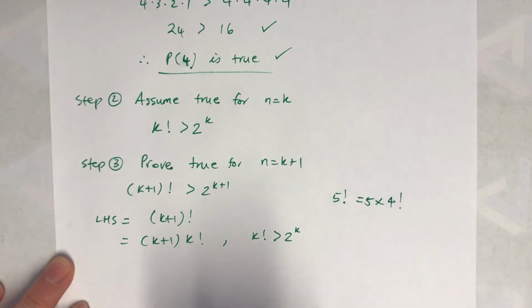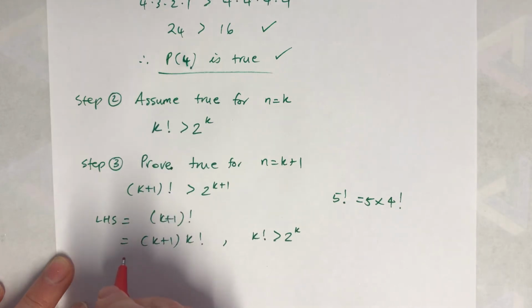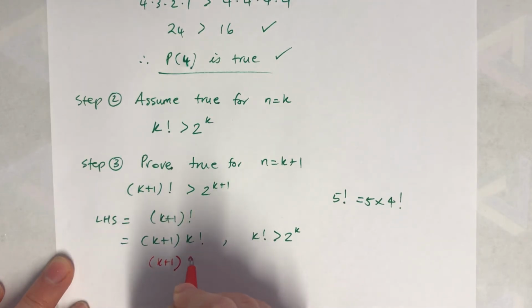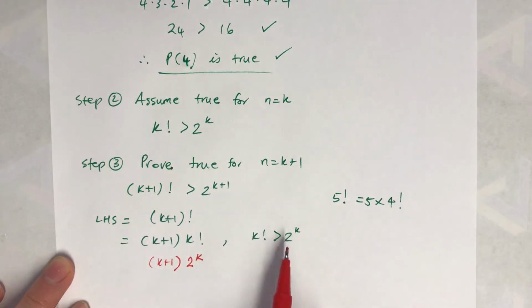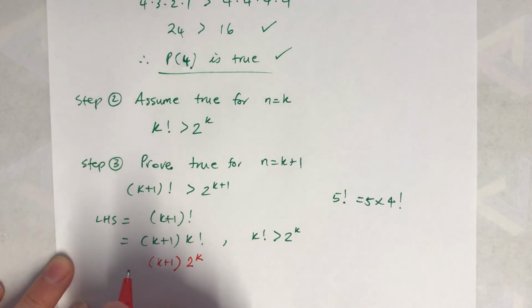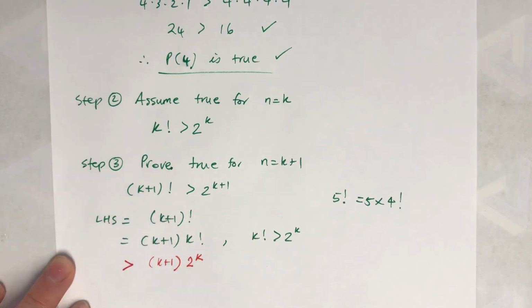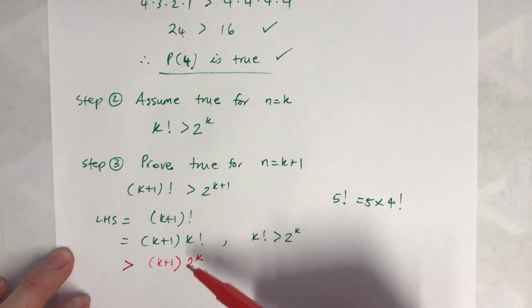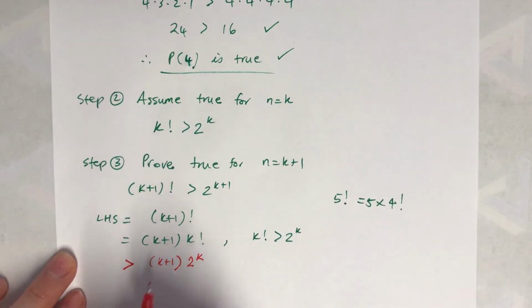Now what happens if I do that? It would be, now 2k is less than k factorial. So it has to be less than, isn't it? Because we're using a smaller number here. So what happens here now?